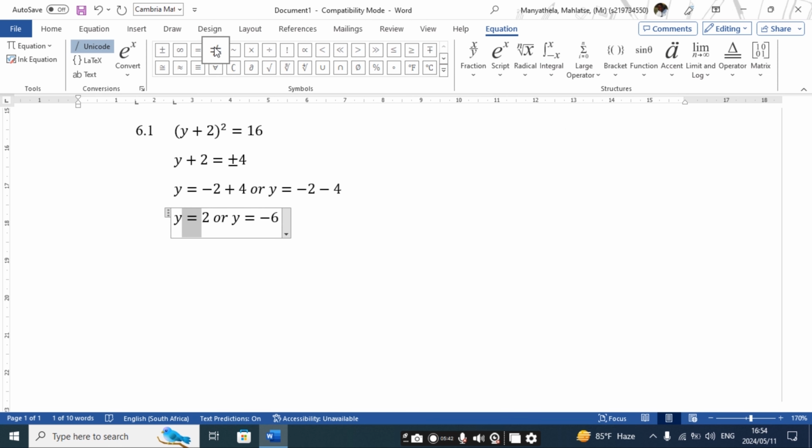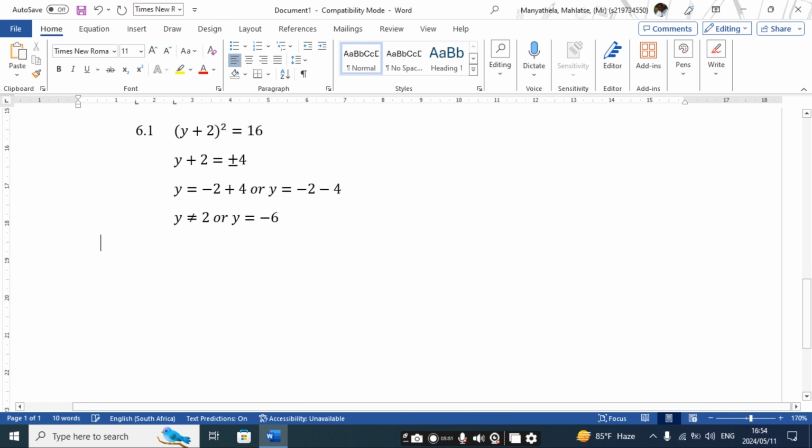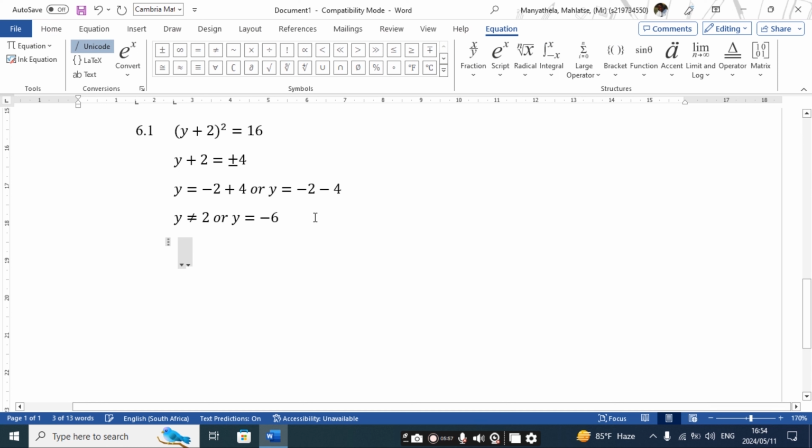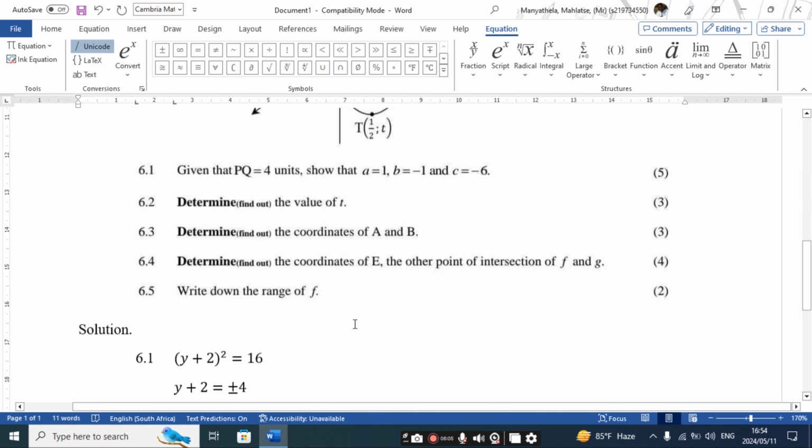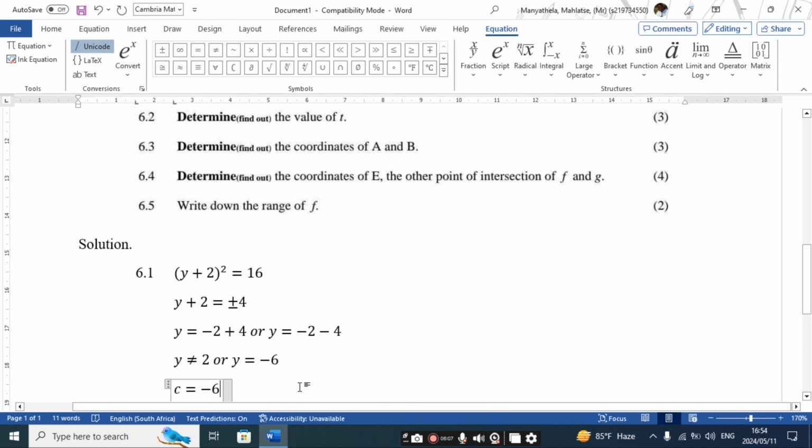So we can scrub this one out and only allow y equal to minus 6. And this y is the same as the value of c. So we can say therefore c equal to minus 6. Remember, it's the y coordinate at Q.